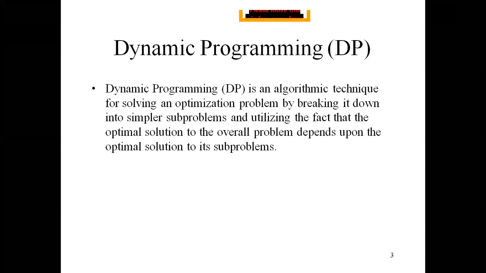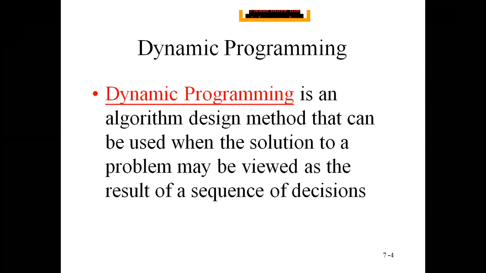So we are dividing the problem into a number of subproblems. We are finding the optimal solution to the overall problem, which depends on the optimal solutions of the subproblems. So we get the optimal solutions of the subproblems, and based on that, we can find the optimal solution of the original problem. What is the property of dynamic programming?